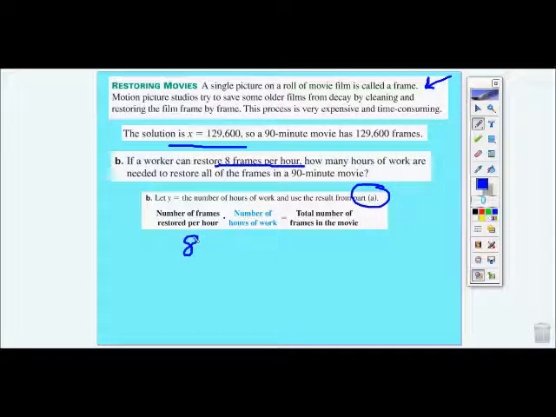What we're trying to find out is the number of hours of work, and they said to let that be Y. And then from our solution from letter A, we found out that the total number of frames in the movie was 129,600. So this is actually 8Y if I simplify it.